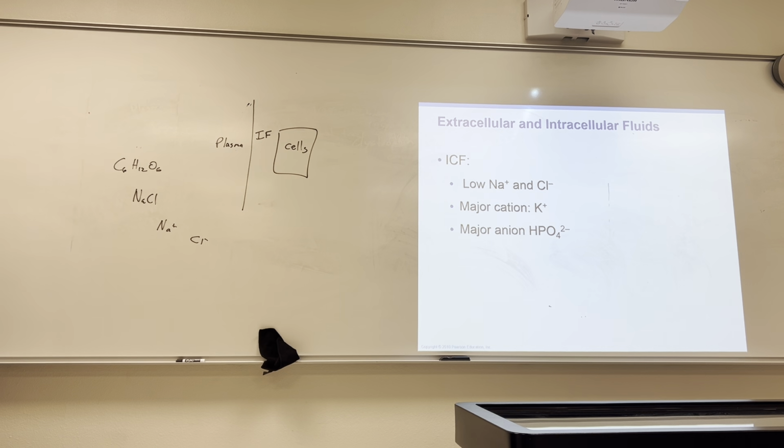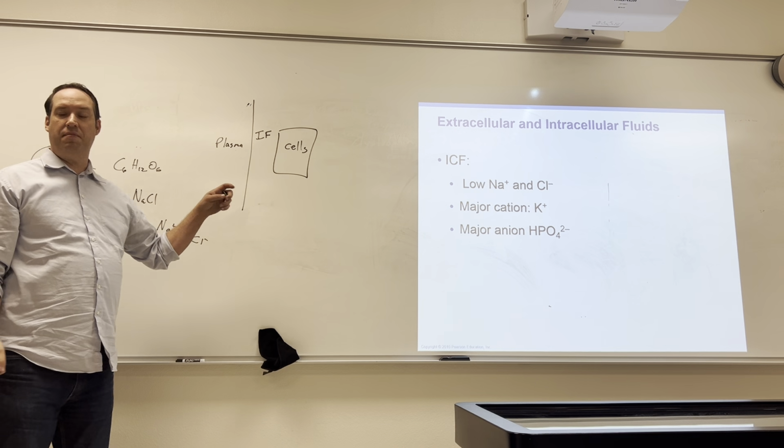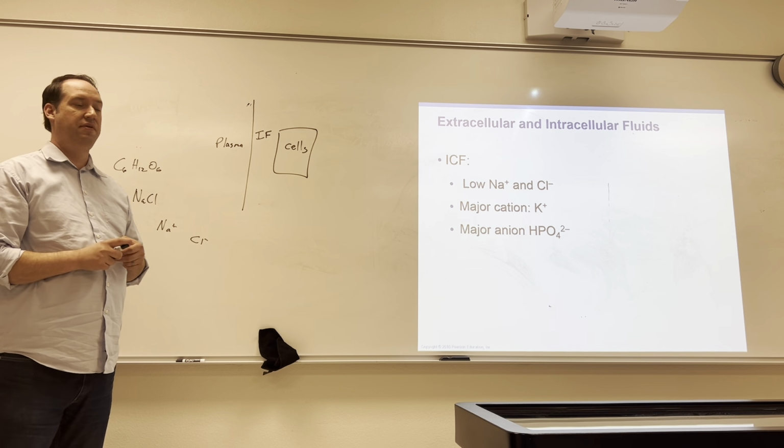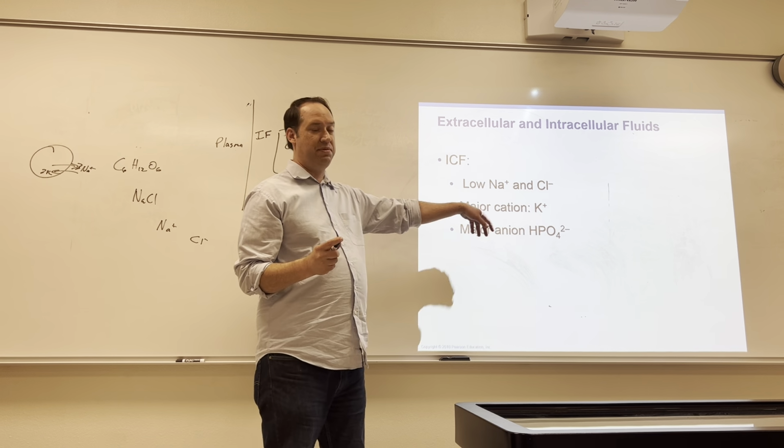Inside the cells, we pump that sodium out. Remember, you've got that sodium-potassium pump where you're pumping 3 sodium out and 2 potassium back in. So there's not much sodium inside the cells. There's a lot of potassium in there. And hydrogen phosphate follows that potassium around.